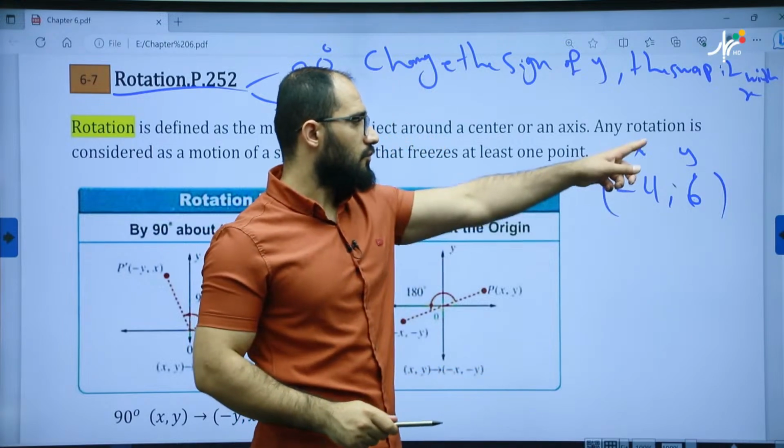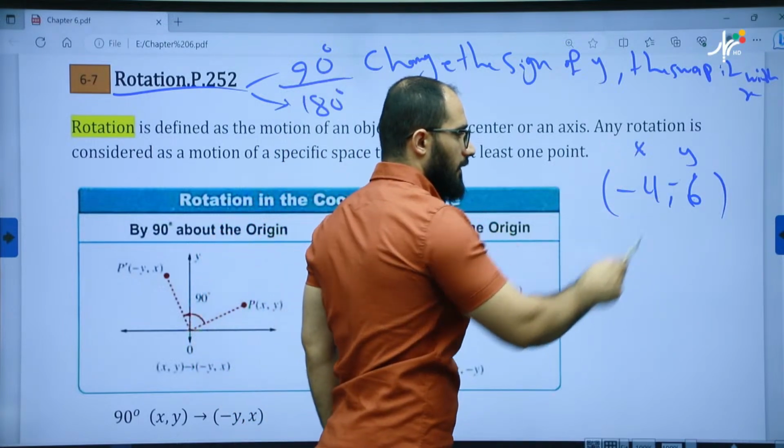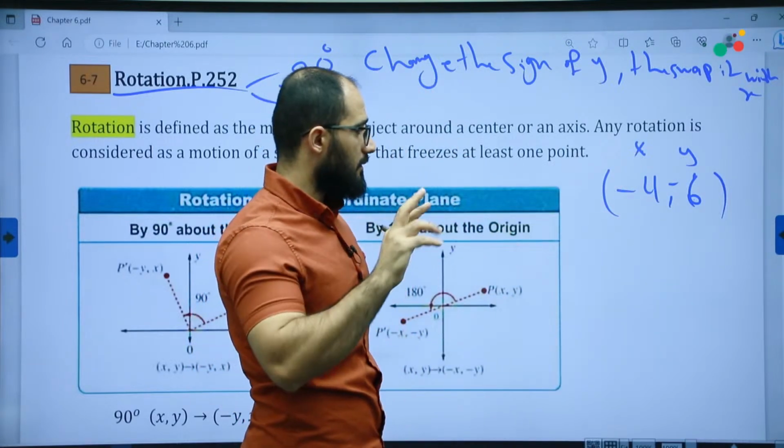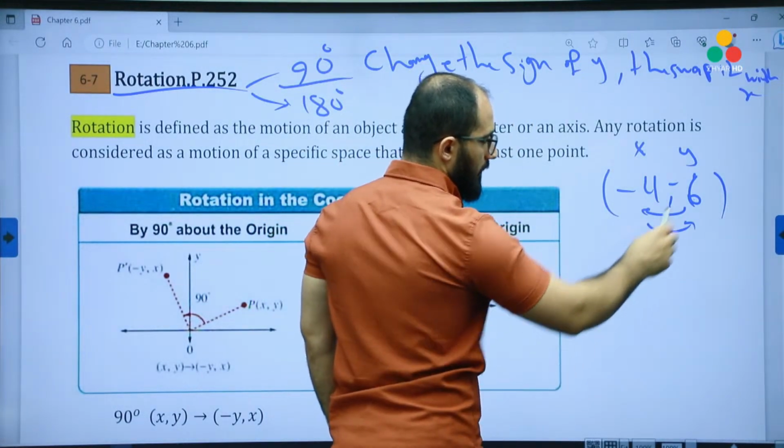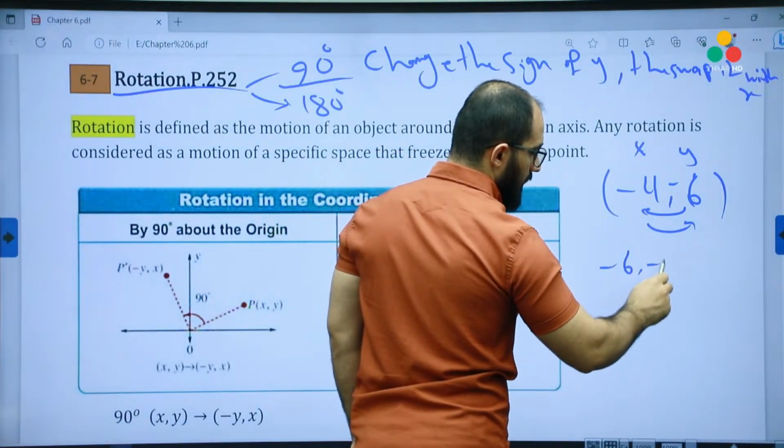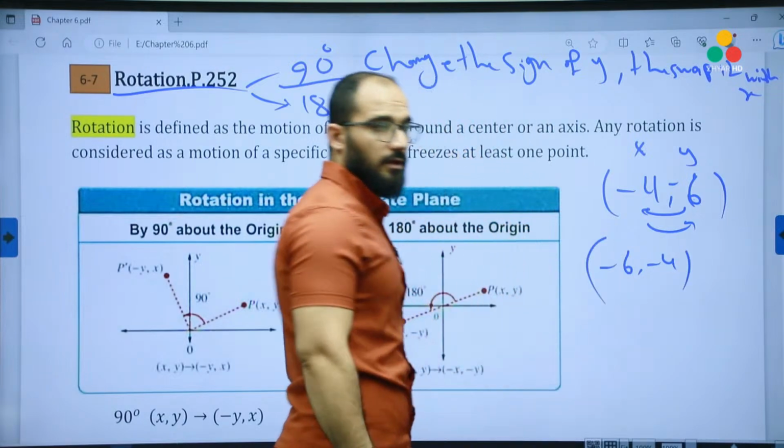Then swap it with the x. Exchange. Then it's going to be -6 and -4.